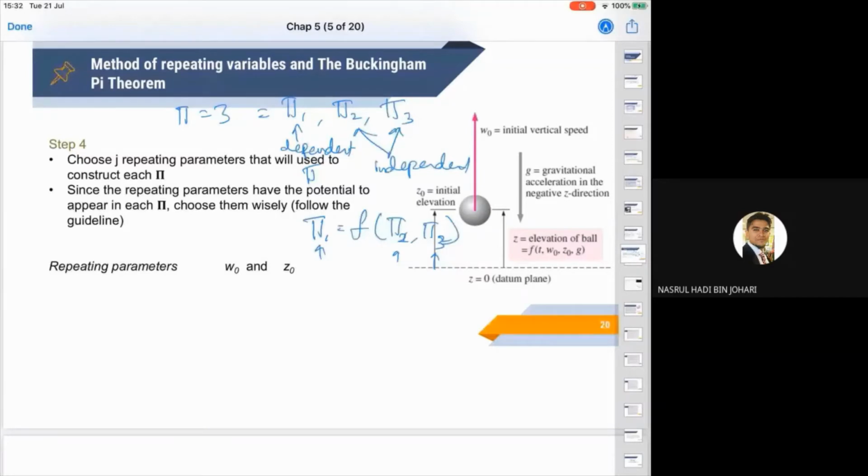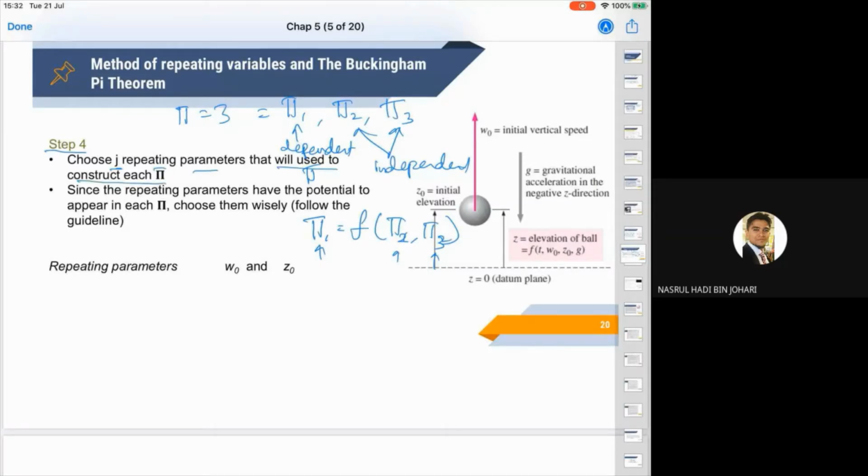In step number 4, we want to choose the repeating parameters that we want to use later in the analysis in step 5. So in step 4, we choose J repeating parameters that we'll use to construct each pi.